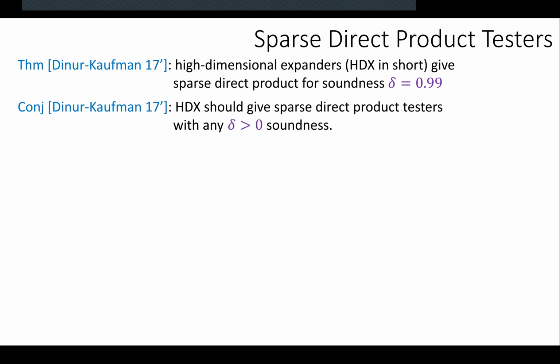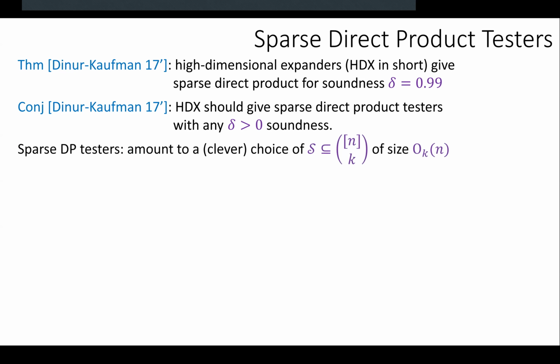They conjectured that there are some other high-dimensional expanders, specific ones, for which delta can be an arbitrarily small constant, and the size would not be n to the k, but sparse. Just to demystify it, what I mean by HDX is just some kind of clever choice of a subset of the k-sets of an n-element set, that somehow are going to magically work.